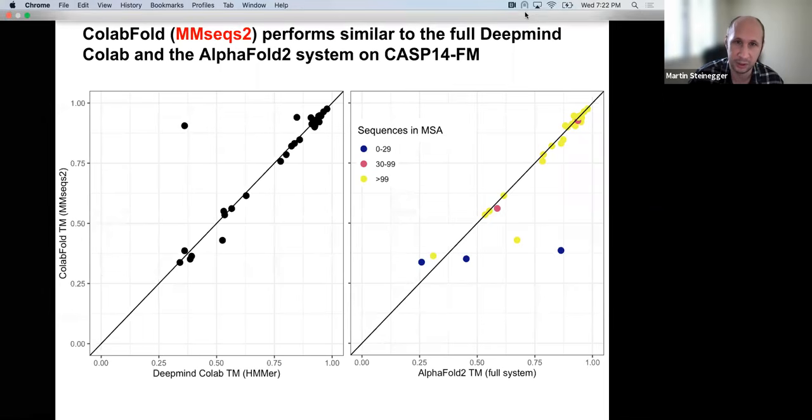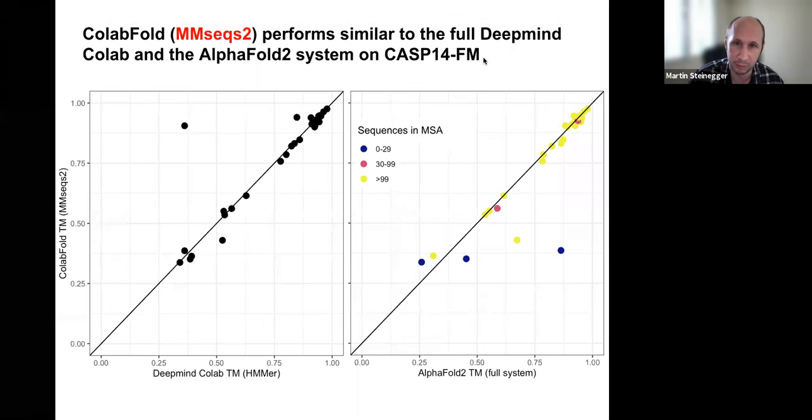These colors here indicate how many sequences the AlphaFold system could find for each of these targets. Blue means you have less than 30 sequences in the MSA. So if you don't have enough sequence information in your MSA, then you cannot predict these targets very well. Some of these targets that have quite a big difference, the one here on the right side, has only, I think, 2 or 3 sequences.